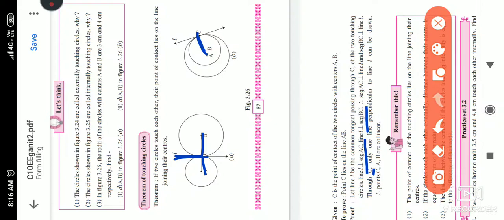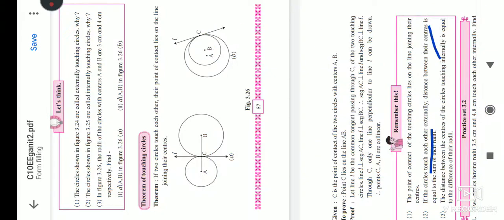Afterwards AC is perpendicular to L, and BC is also perpendicular to L. Then we have to show that only one line perpendicular to line L can be drawn from the point C. So C, A and B, that is ACB, are collinear points. In this way you have to complete this theorem. Only three lines are there.